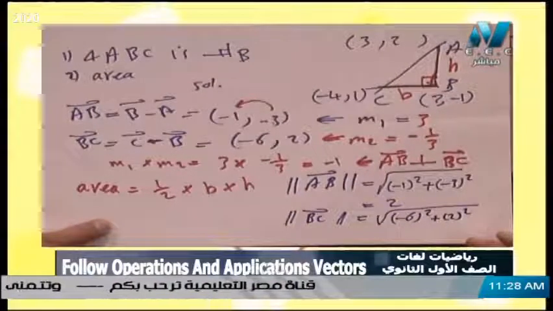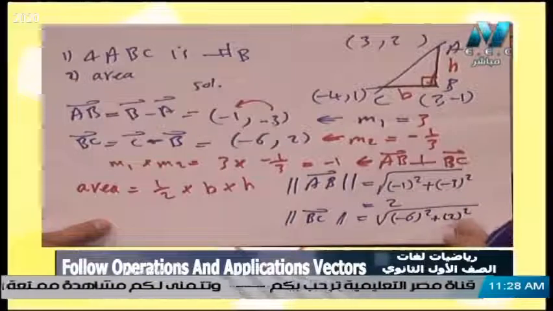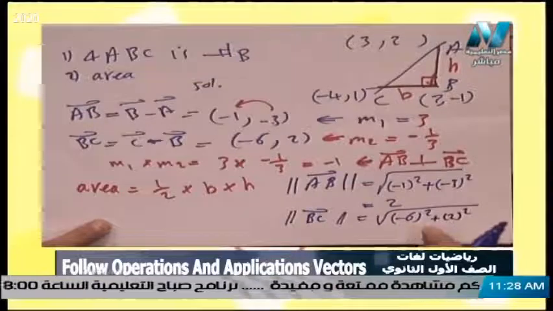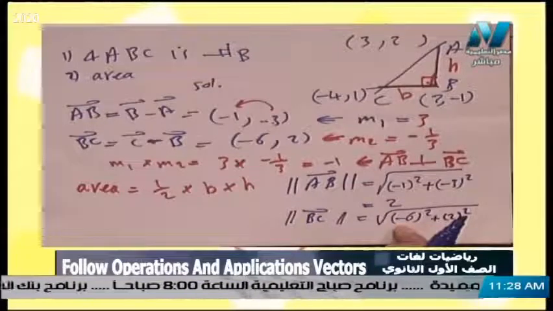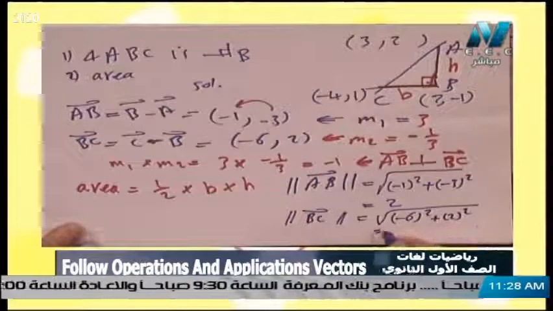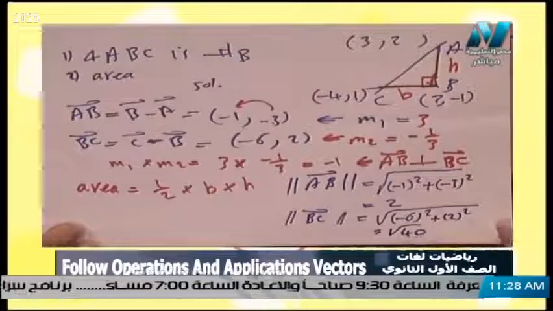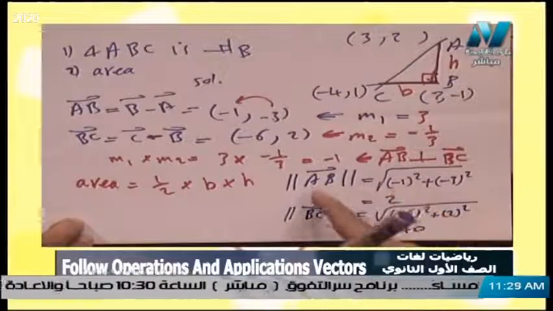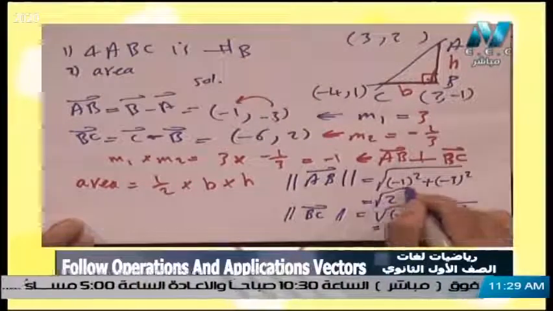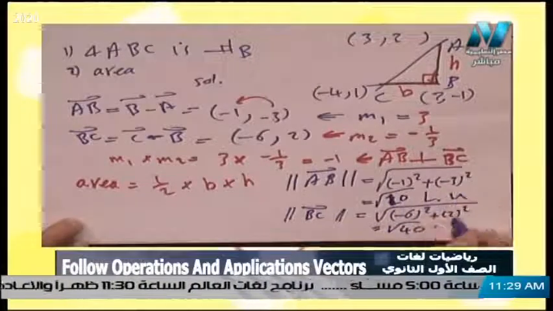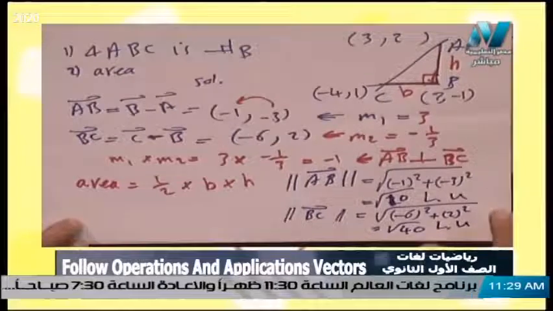We have 2 power 2 equals 4, and 6 power 2 equals 36, and the answer will be the square root of 40. The norm of AB equals the square root of 10. This is a length unit, and this is a length unit also.